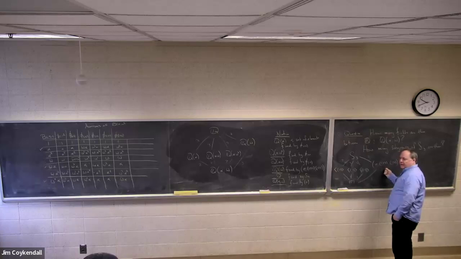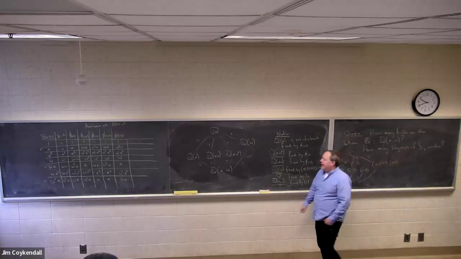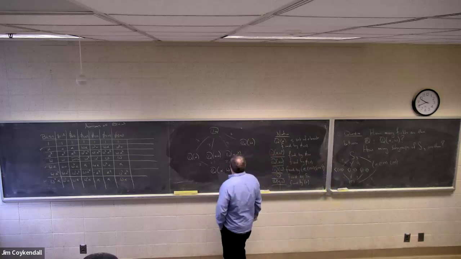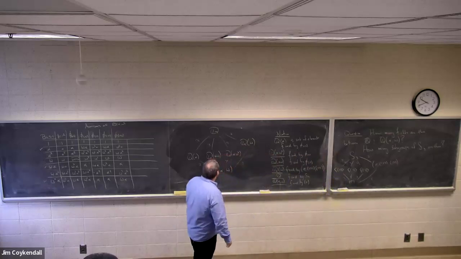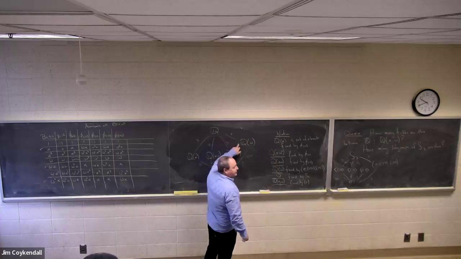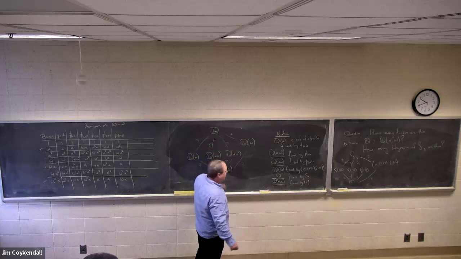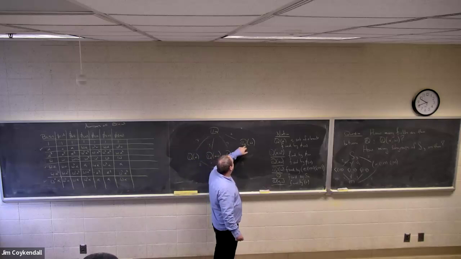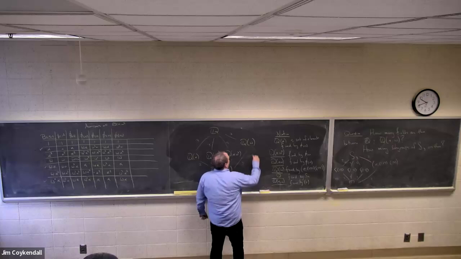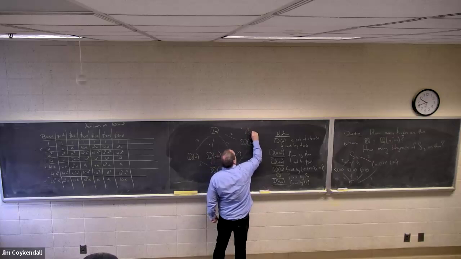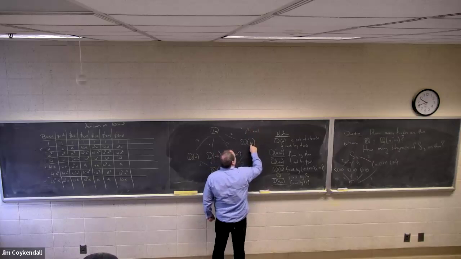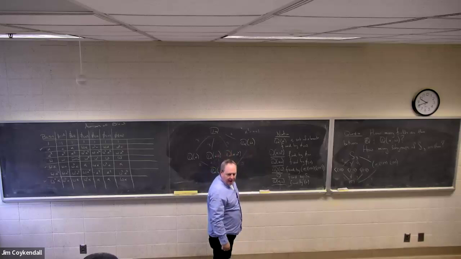The normality of this says something about the status of this field here. It turns out that this field extension is nicer than these in the following sense. This extension is generated by omega, where omega is a root of that polynomial, right?